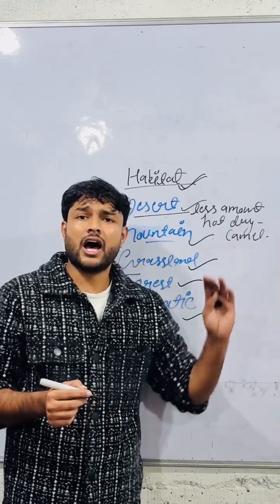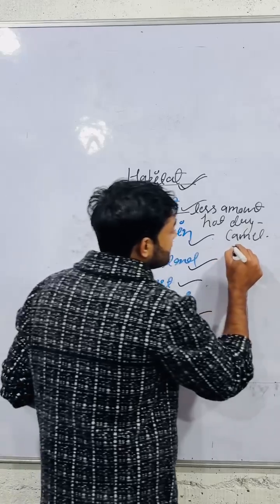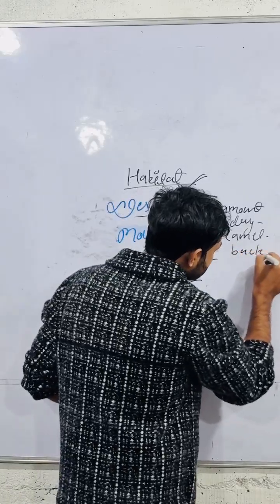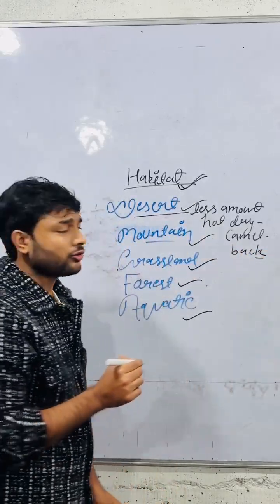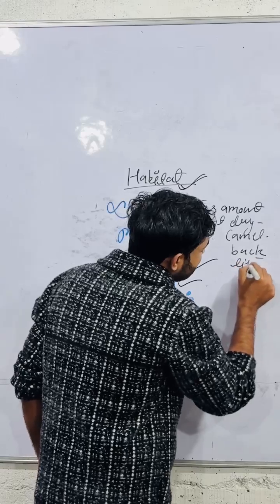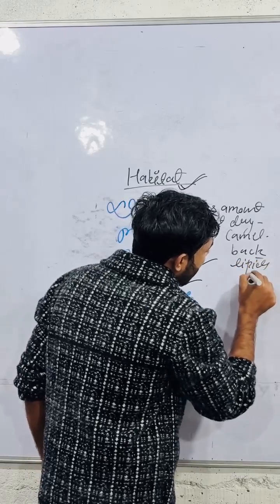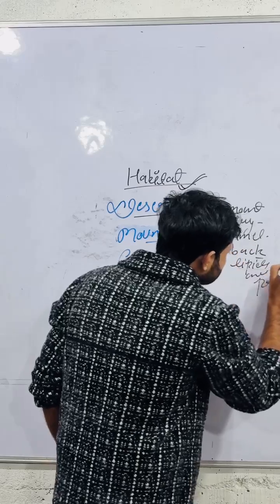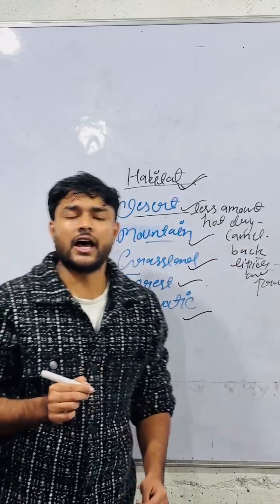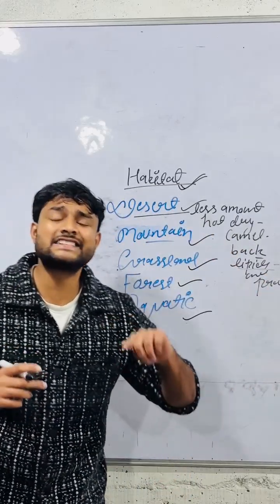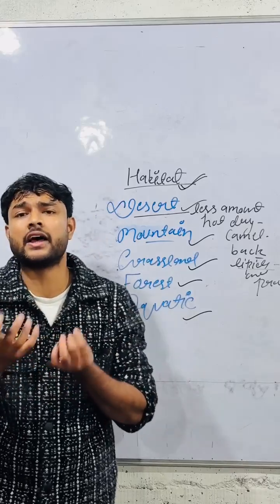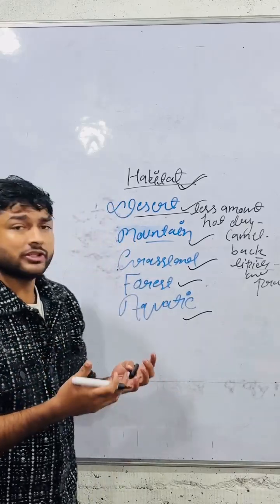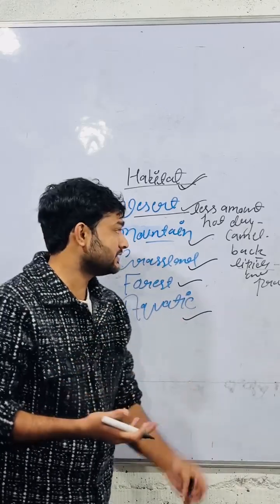The camel has a hump-like structure on its back. It has a large amount of lipids in the form of fats. The lipids store energy, and the camel can survive without eating and water continuously for 10 to 12 days.